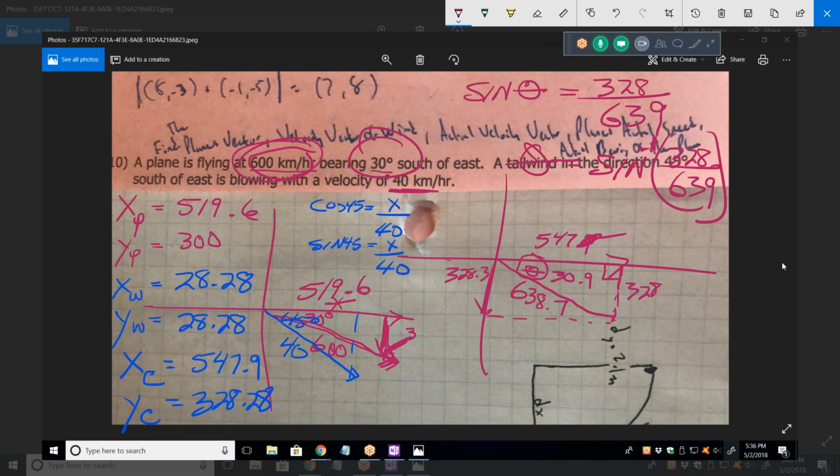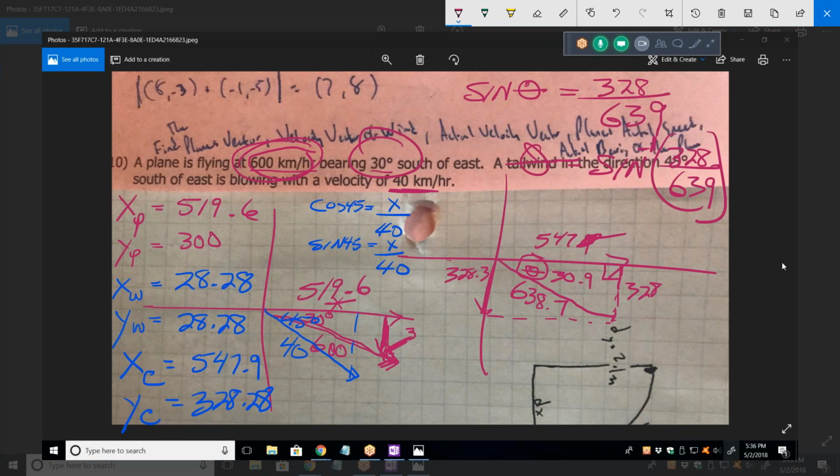So if you want to rely strictly on trig functions, you can here. You don't need to go to the Pythagorean theorem. Not that that's particularly tough, but given the numbers we're dealing with here, the Pythagorean theorem could be a little bit intimidating. You know what I mean? It's just easy to make a mistake because we're dealing with three-digit numbers here.